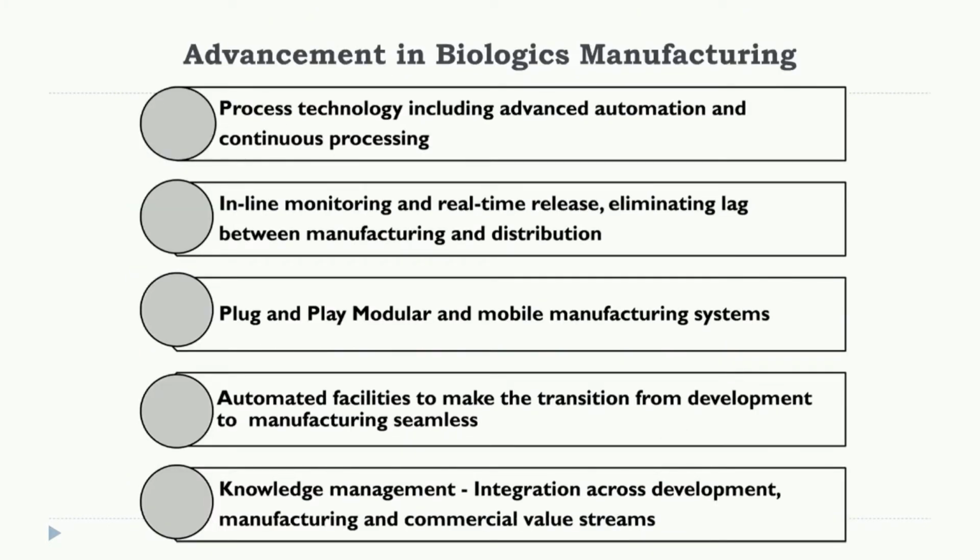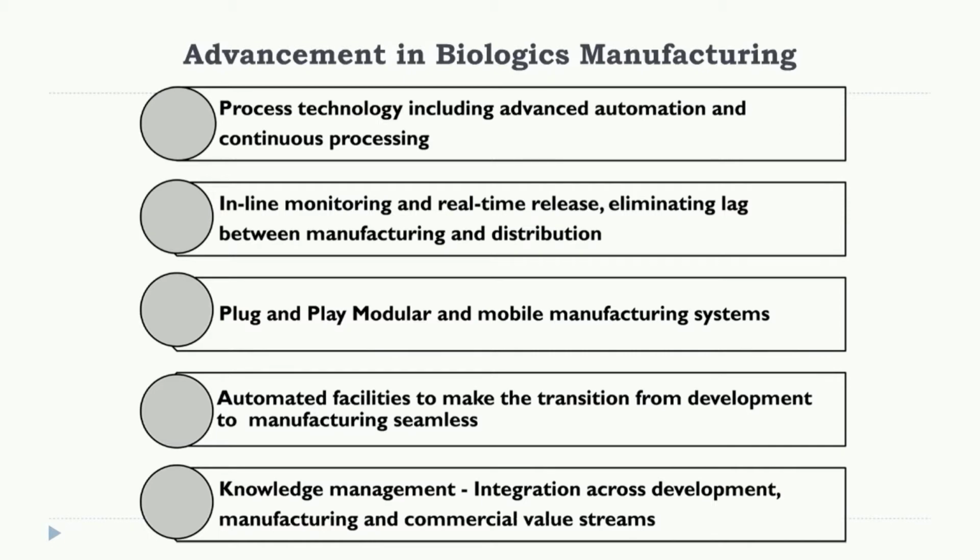If we talk about the advancements, the trends impacting biological manufacturing right now, what new technologies are coming on the way? These are advanced automation, continuous processing, inline monitoring, and real-time release using process analytical techniques, eliminating lag between manufacturing and distribution.